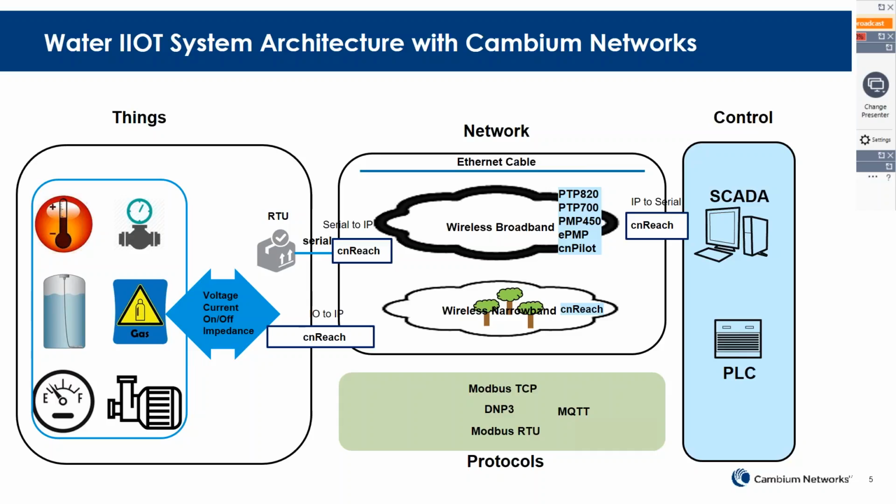So you can have the PLC query the things' data, for example, temperature, water level, and pressure, and things like that. And also the PLC, once it gets the data, can make a decision on whether to shut down a pump or turn on or move the valve or what have you. Still, we support the same kind of protocols, Modbus TCP, DNP3, and Modbus RTU.